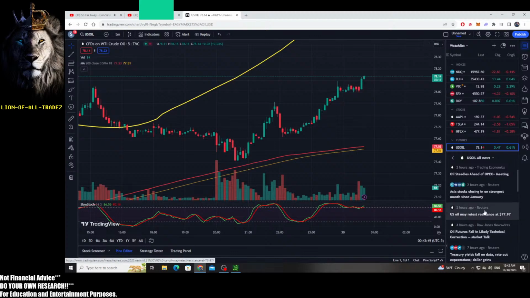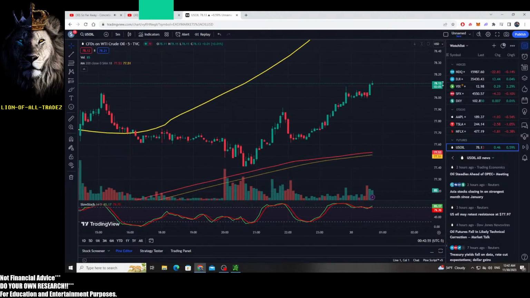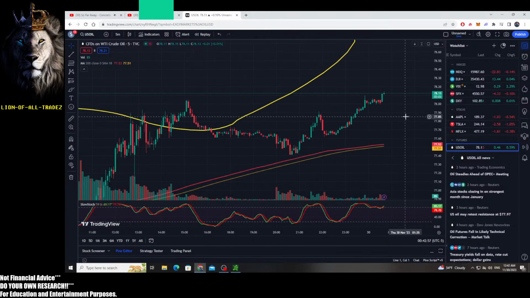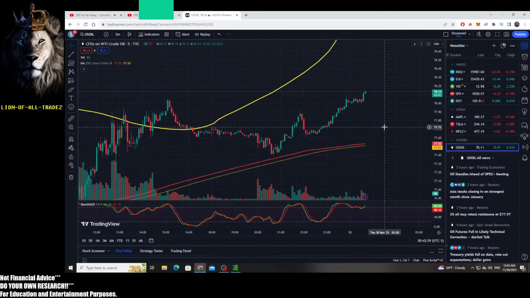It retested that level at 77.97. Now it's over $78, 13 cents. So like I said before, NFA, just my opinion, I feel like this could hit $80 before this week is over.